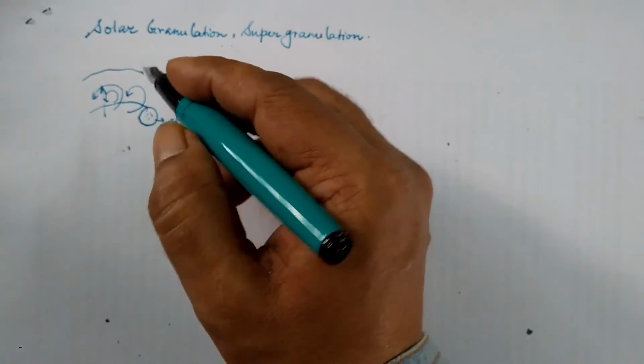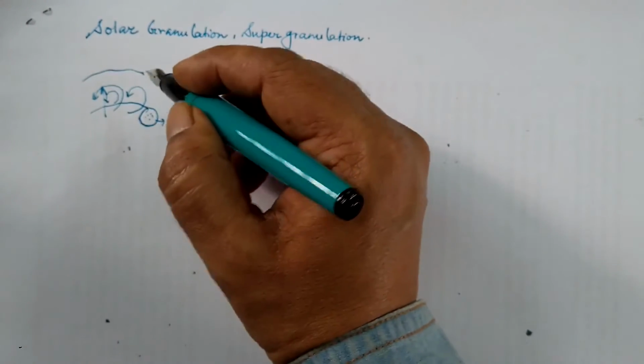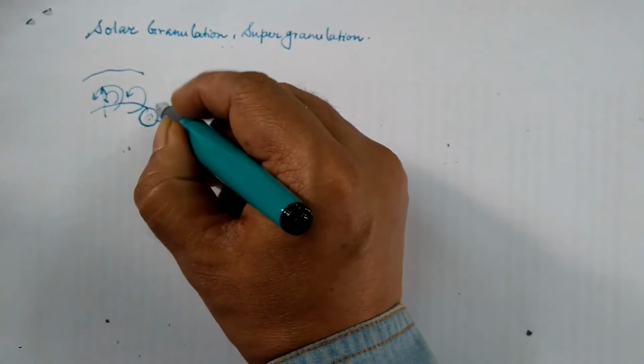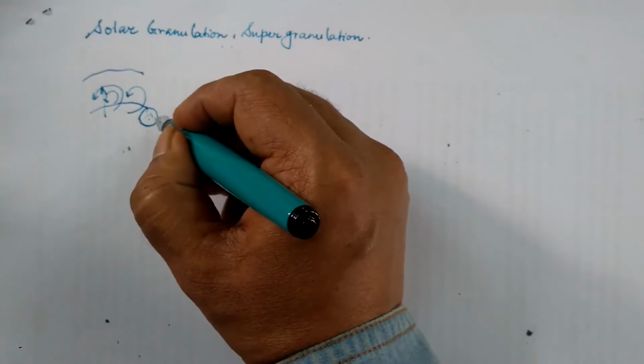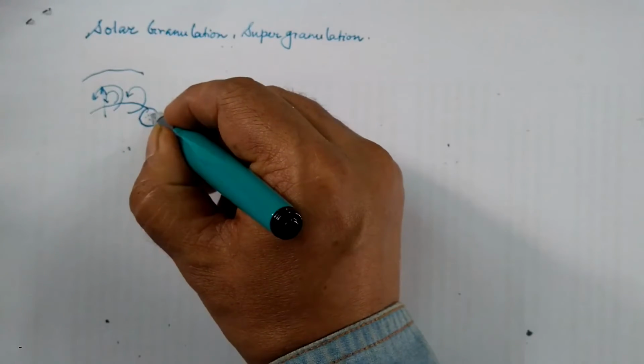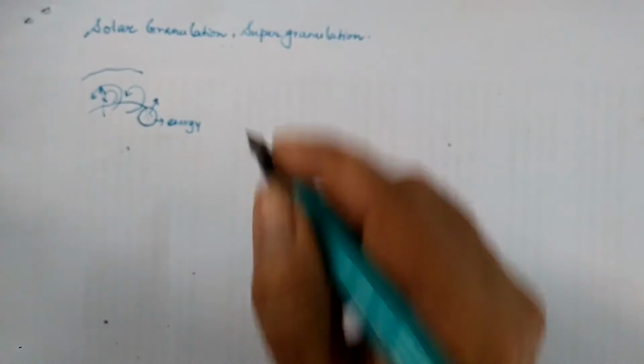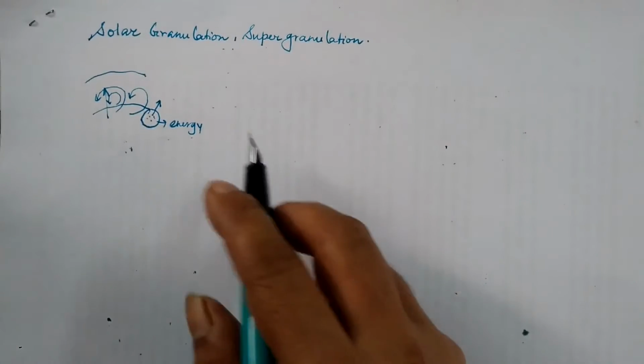What happens is that these cells rise up. The more energy it has, the lighter it is, and it rises up to the upper cooler layers.